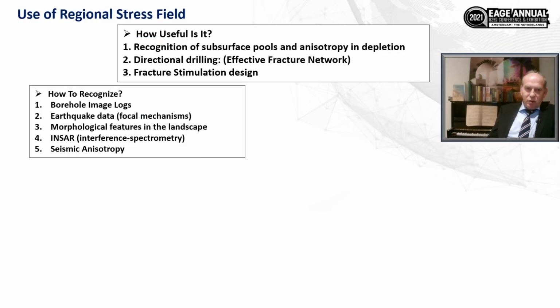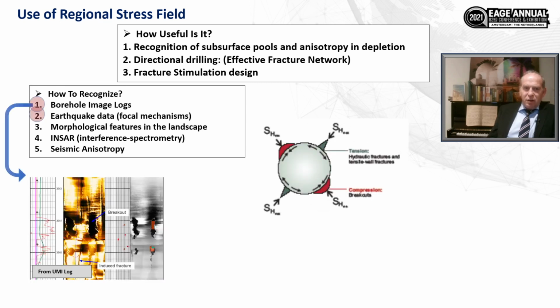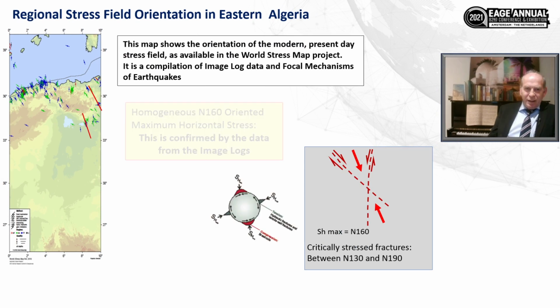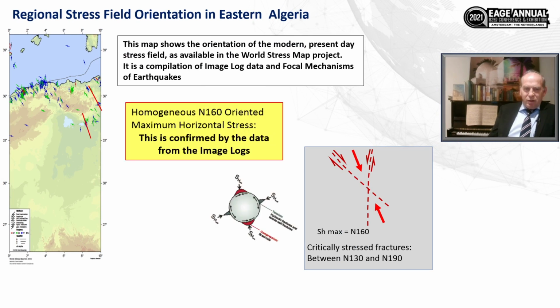Here the importance of the use of the regional stress field for recognition of the anisotropy of depletion, directional drilling, fracture simulation design, and how it can be recognized in this case using especially the borehole image logs and earthquake focal mechanisms. In our case, we are dealing with north-northwest, south-southeast oriented compressive maximum horizontal stress, which is confirmed by all the data from the image logs.